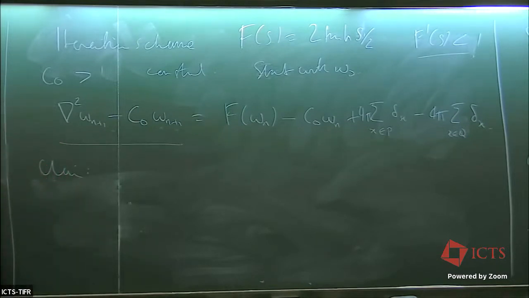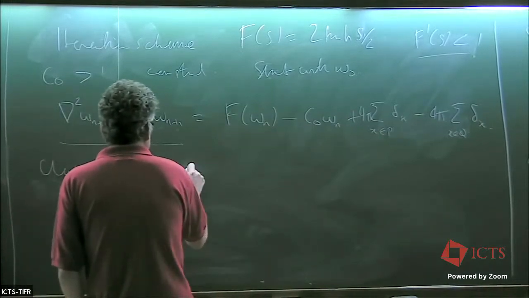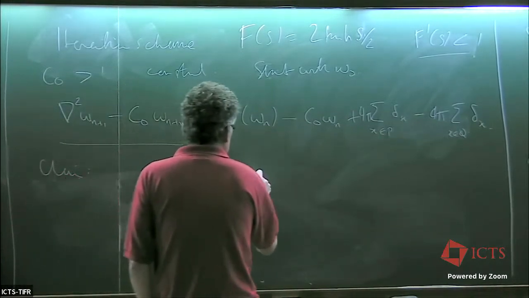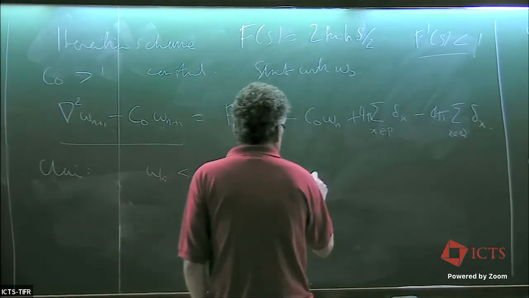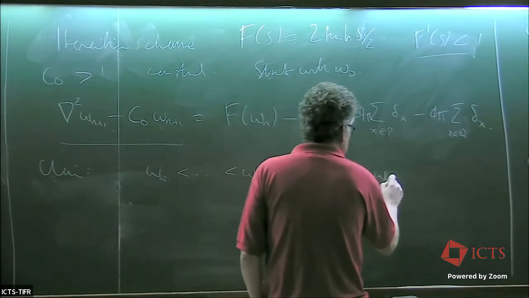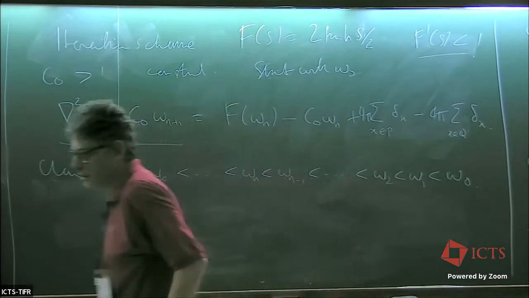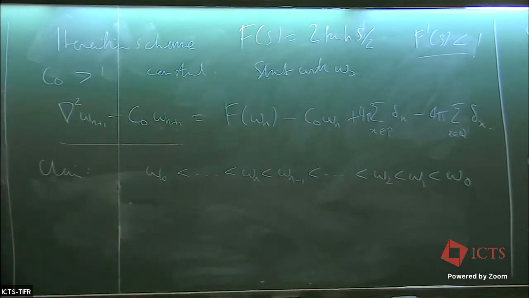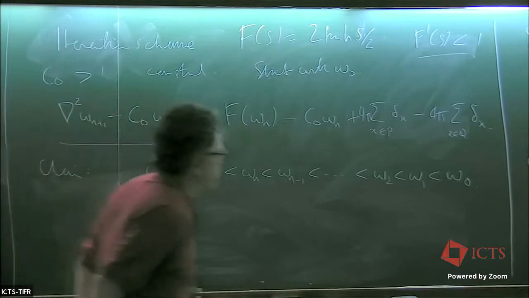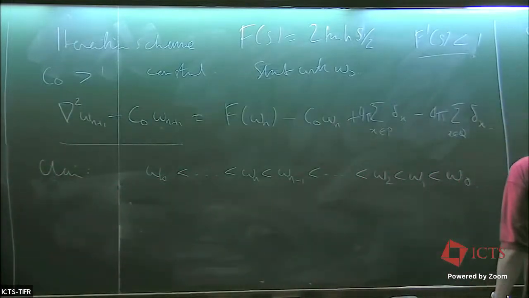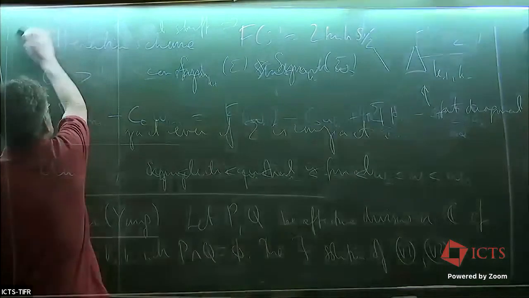Okay. So the claim is that every time we do this, we get something which is smaller than we plugged in. Okay, so that follows very quickly from the maximum principle. So you can prove it by induction.